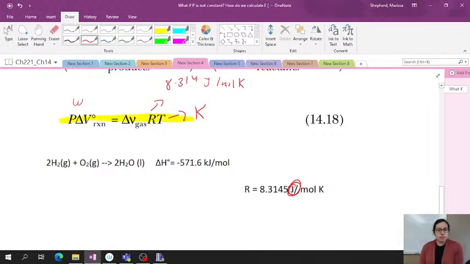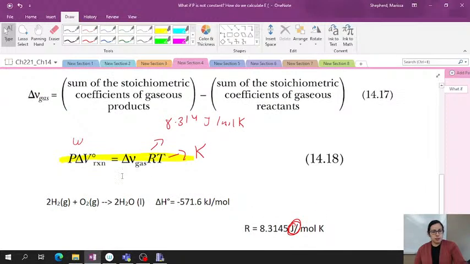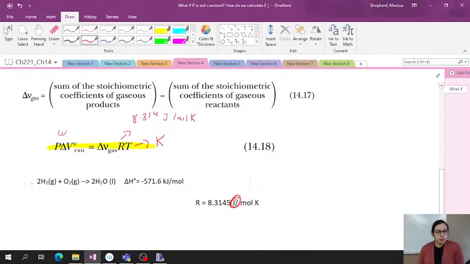And so if we look at this reaction then, let's go through it together. So then our delta n gas here is equal to the sum of the stoichiometric coefficients of gaseous products. So looking at this reaction, how many gaseous products do we have though? So 0. So 0 minus, and then how many molecules of gas do we start with?